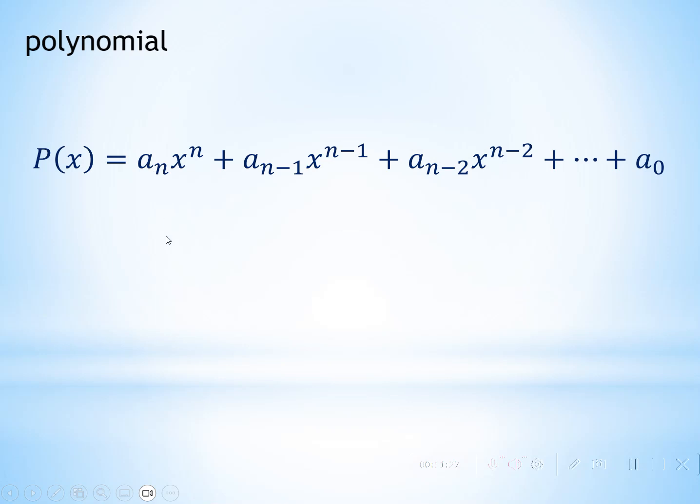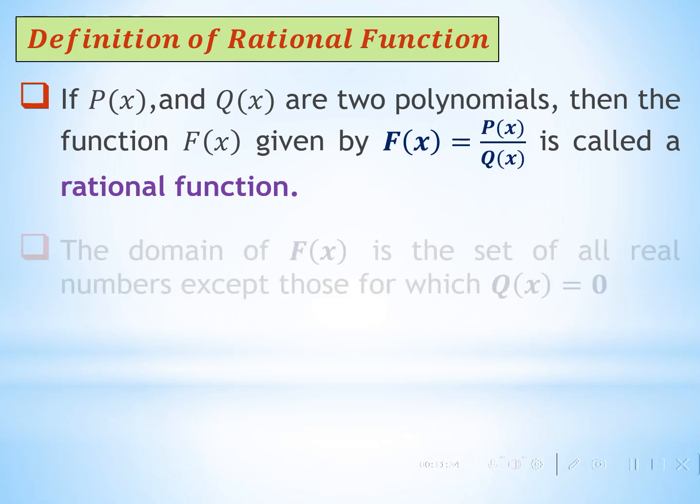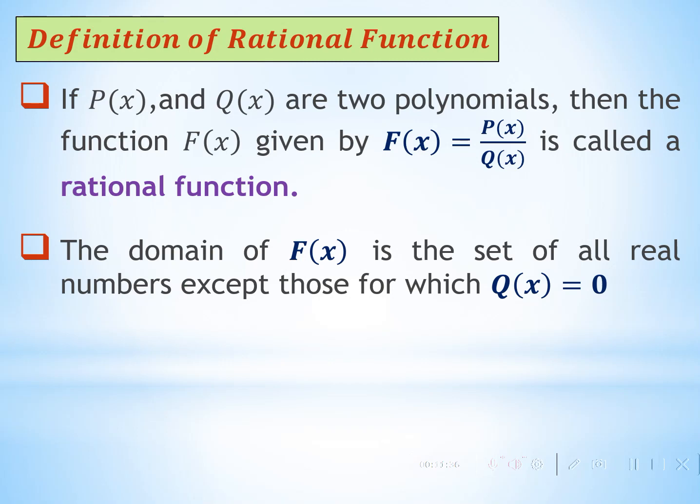Now we have defined the rational function, and about its domain. The domain of f of x is the set of all real numbers except those for which q of x equals 0.